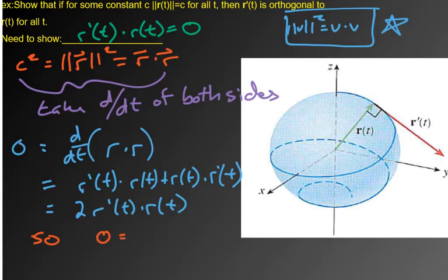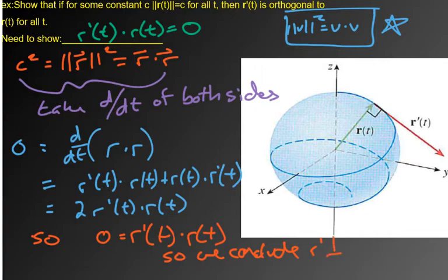So then 0 equals r prime of t dotted with r of t, which is exactly what I wanted to show. So we conclude that r prime is perpendicular to r for all t.